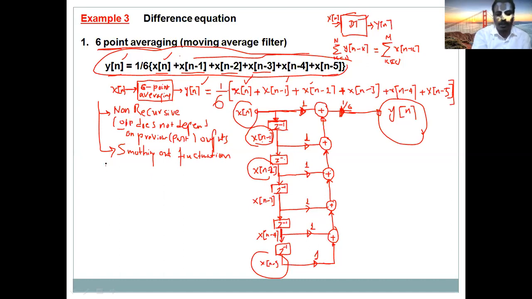It will attenuate high frequency components of the signal. Attenuate means decrease or diminish high frequencies, because these high frequencies cause fluctuations in our signal. So these high frequencies in our signal are attenuated.